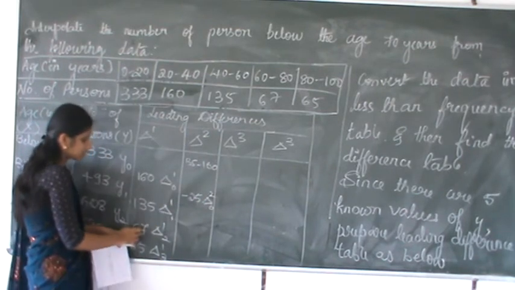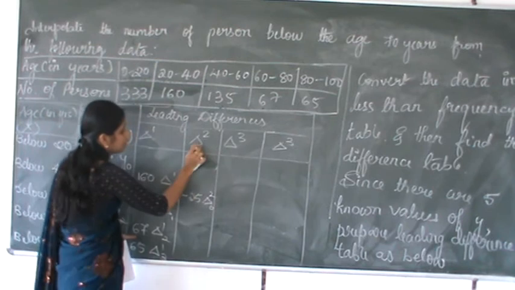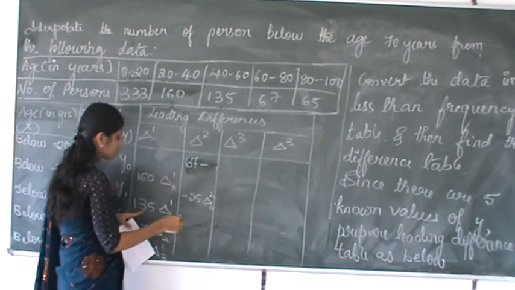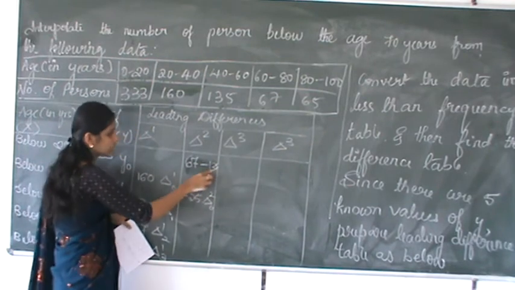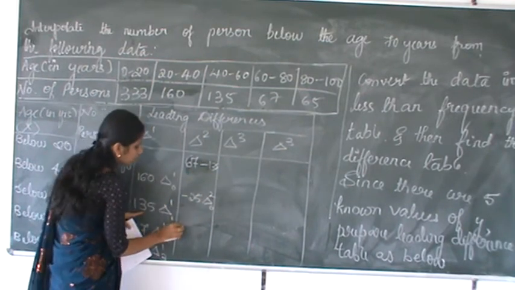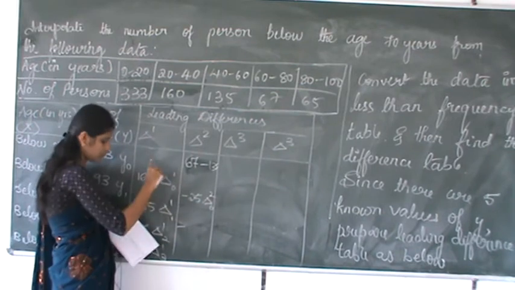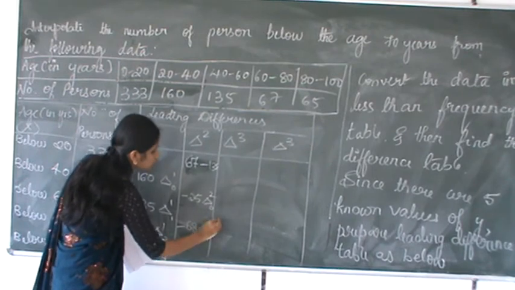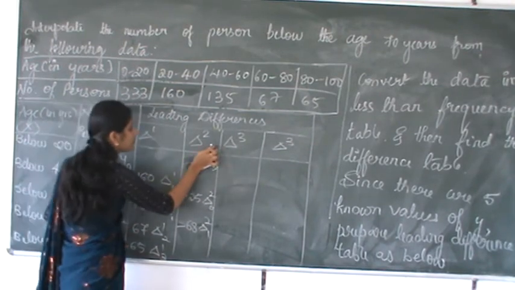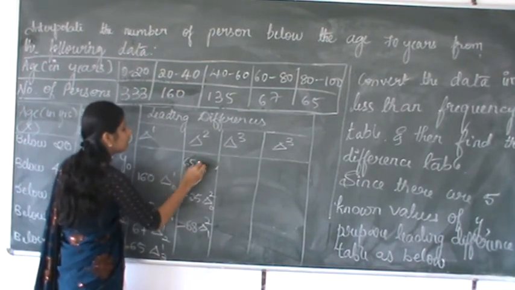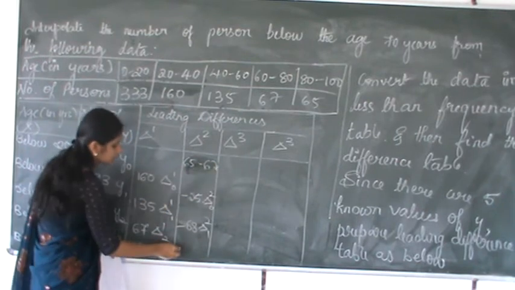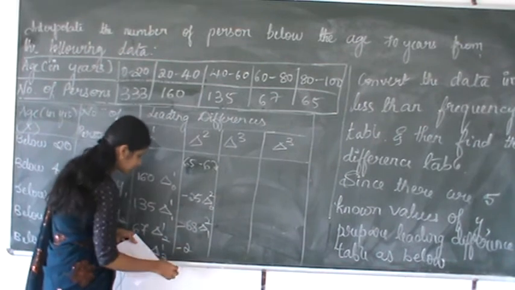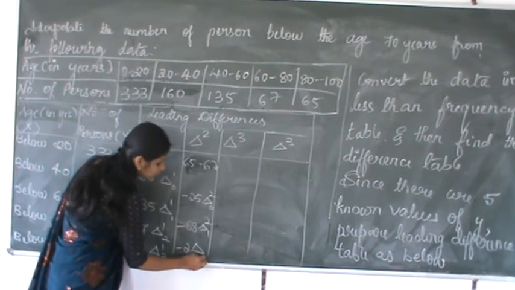Next, 67 minus 135. 135 is greater, so greater number sign we apply as minus. When you deduct, the answer will be minus 68. Delta 1 raised to 2. Next, 65 minus 67. Greater number sign is minus. When you deduct it, it will be minus 2. Delta 2 raised to 2.